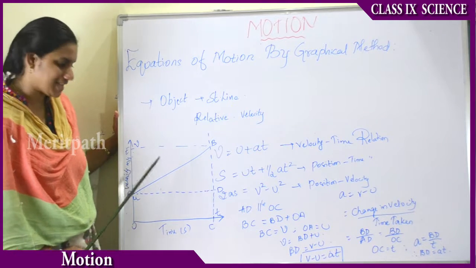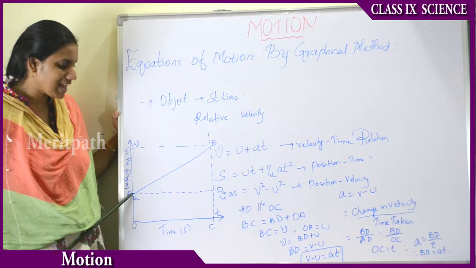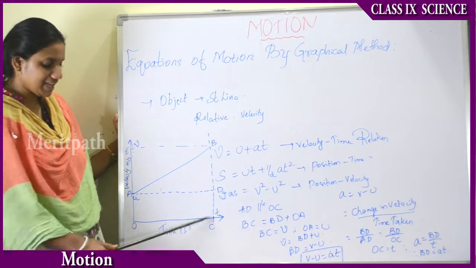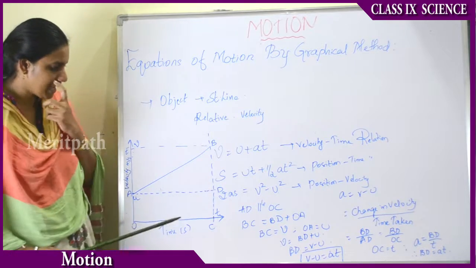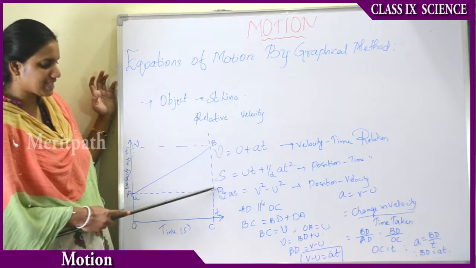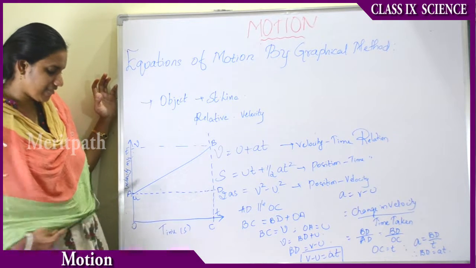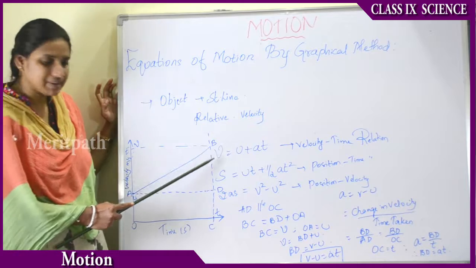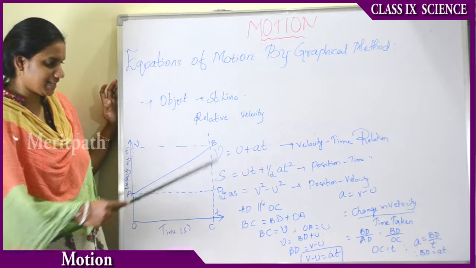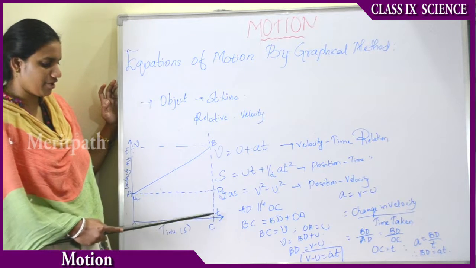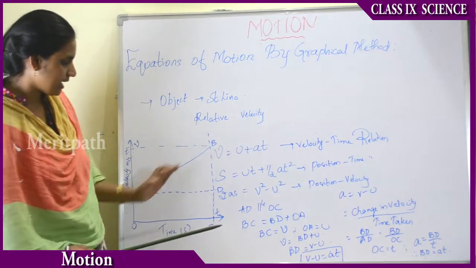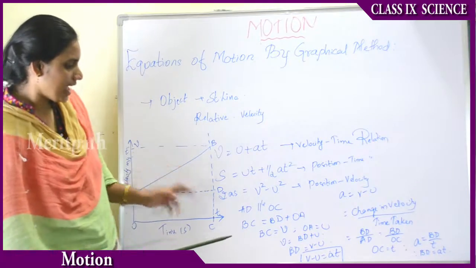Now let us draw a parallel line, that is AD, which is parallel to OC. Okay. Now we will see that the distance BC will be equal to BD plus DC, and DC is equal to OA. Therefore we can say that BD plus OA gives us the total distance, that is BC.